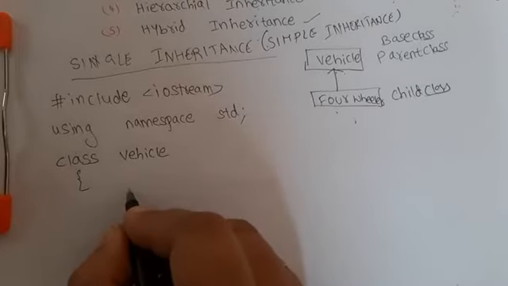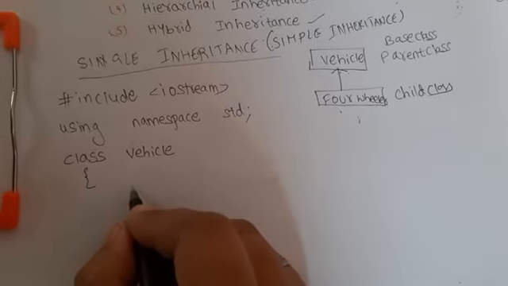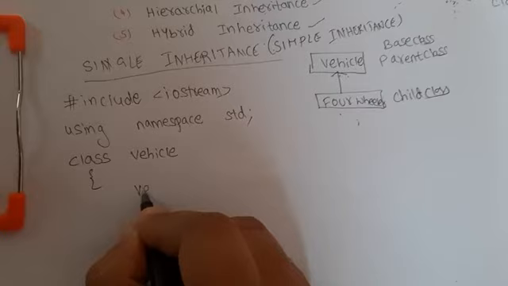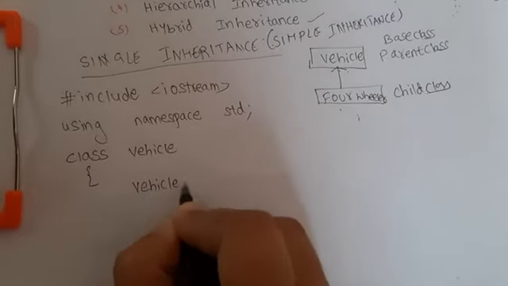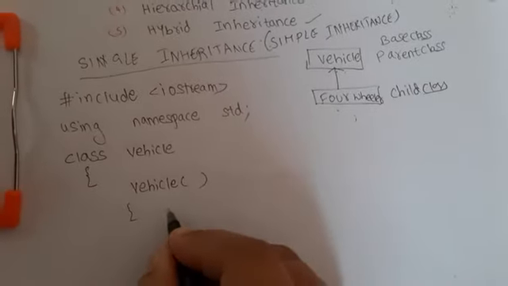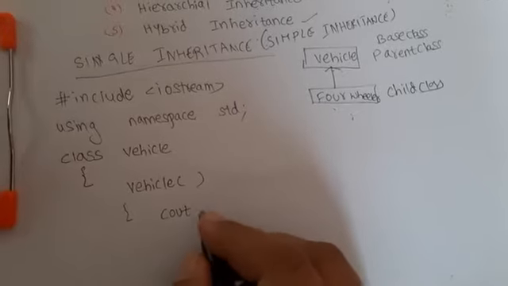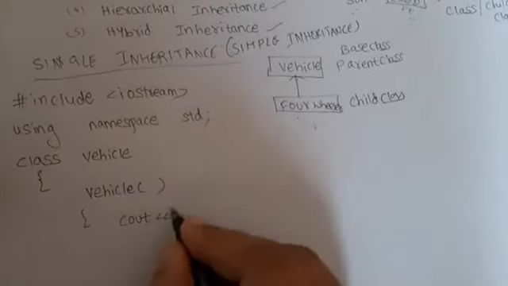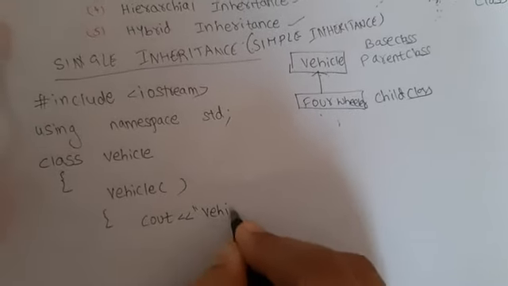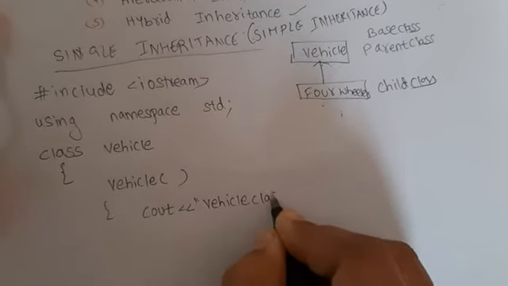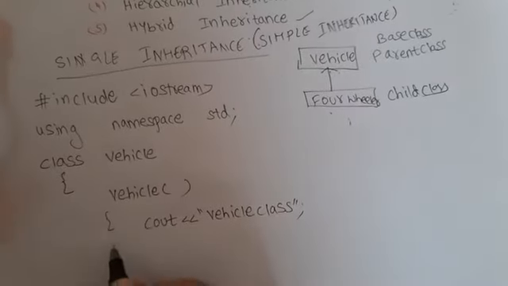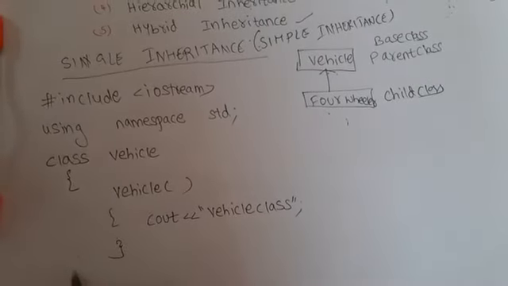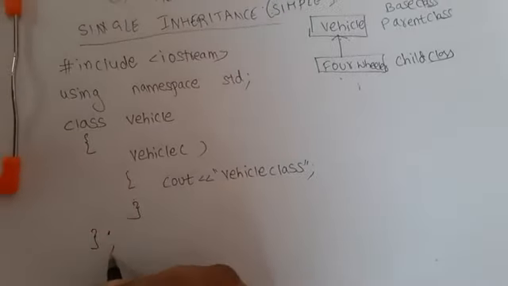Let us write a constructor. What is a constructor? A function with the same name as the class name. I am writing a default constructor without parameters, just to print something. cout, what do you want to print? Vehicle class. Close the constructor, close the class with a semicolon.